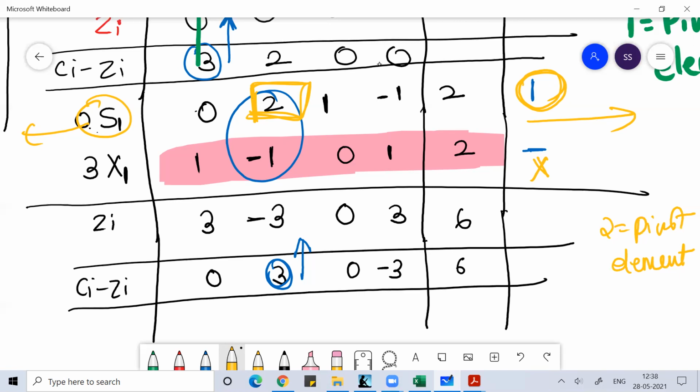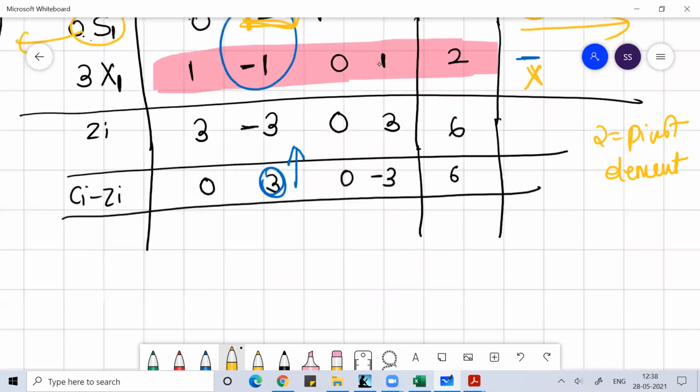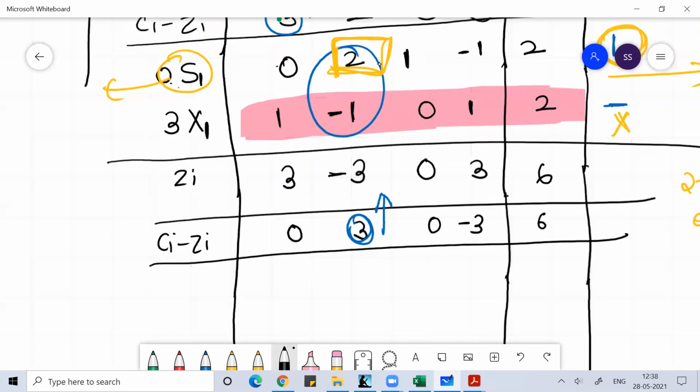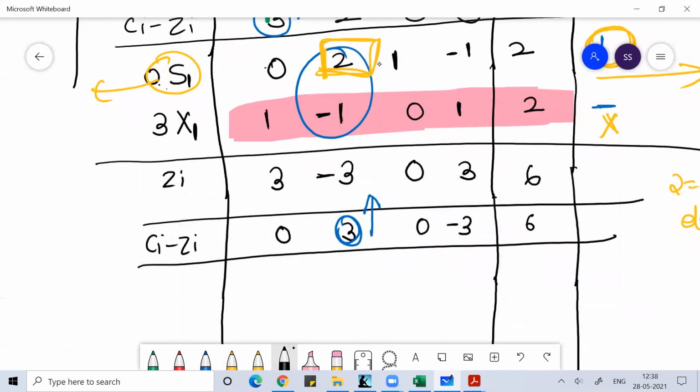Now again you will draw the iteration table. In place of S1 you will write X2 with coefficient 2, then you'll write X1 with coefficient 3.